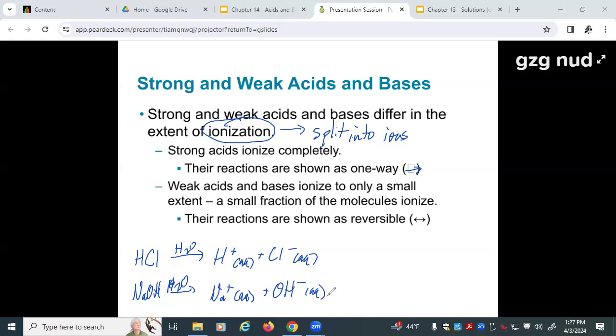We get substances that can conduct electricity, but they do so very weakly and have low conductivities by comparison to strong acids and other strong electrolytes. From an equation standpoint, we show these reactions in terms of reversibility.